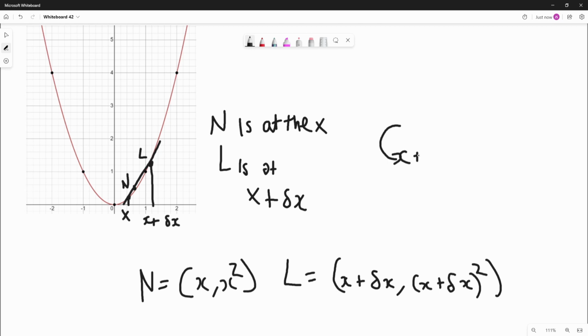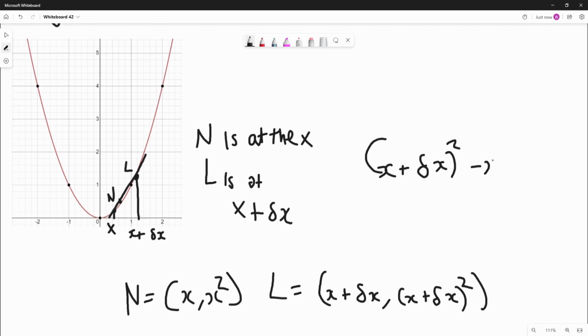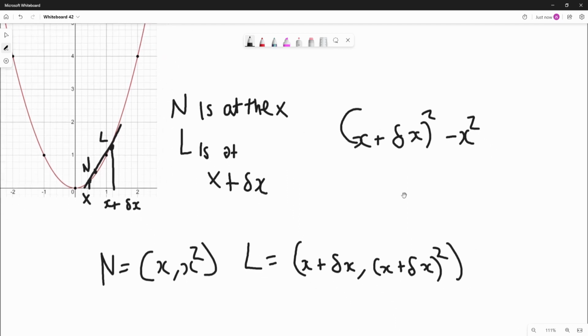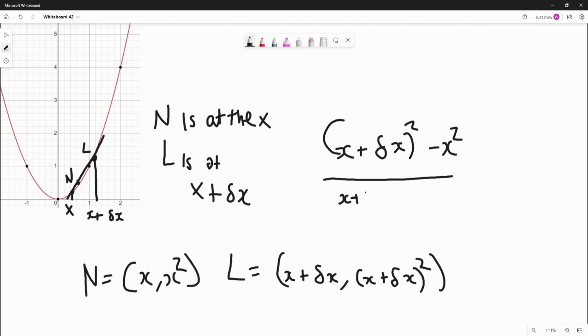That's x plus delta x squared minus x squared. All we're doing is subtracting our y values. Then we do the same for our x values, and we subtract x.